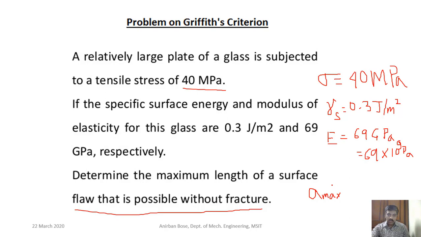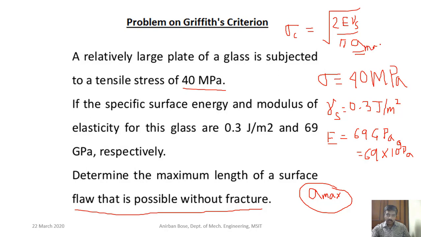Okay, so we are going to use the expression from the Griffith criterion, that sigma c is equal to, we know, square root of 2E gamma s by pi A. Now see, in this expression, since we have to find the maximum A, we have to find it corresponding to this critical value, and that critical value in this case is 40 megapascal.